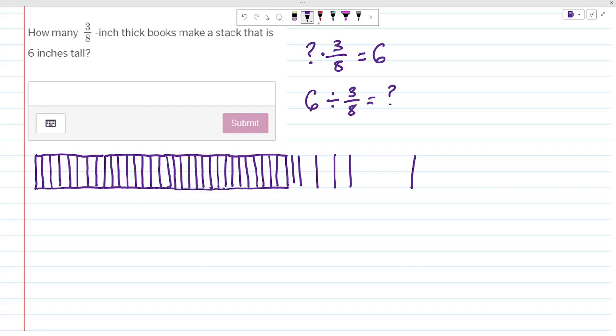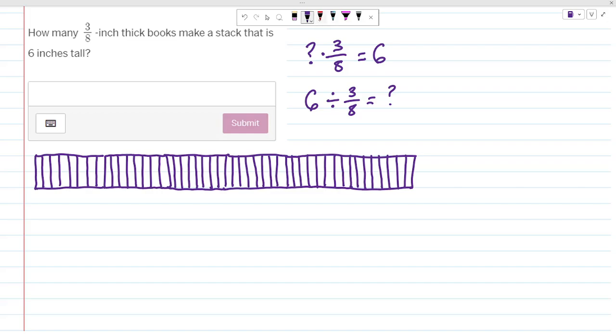Now I'm going to half my quarters so I can get some eighths. Now we'll do some halves. And I'm in the last phase of making this kind of wild tape diagram.